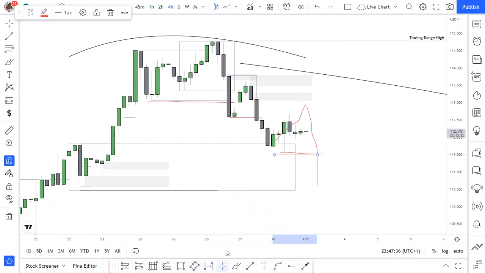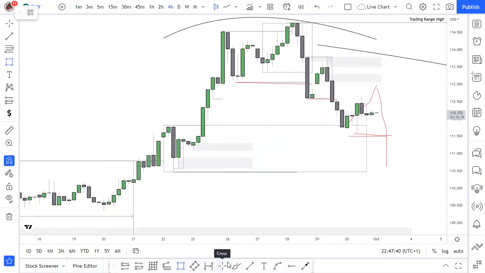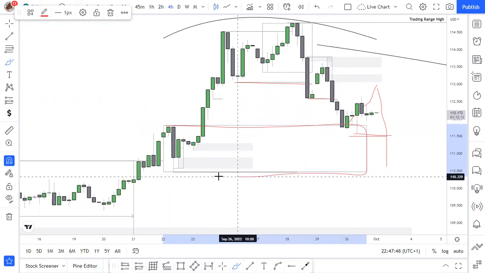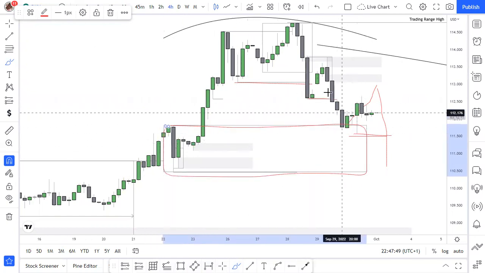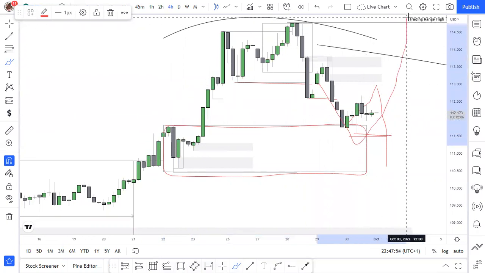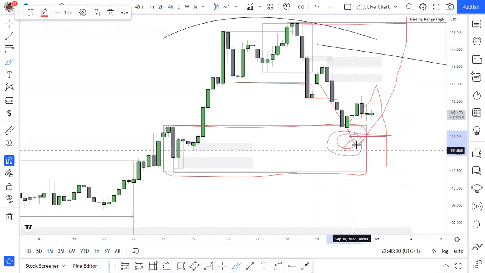But judging from the fact that we are in this daily demand zone, there is also a possibility that price might pull back into this demand zone and then continue the bullish structure. So try to study what's happening here on the 4 hour and 15-minute time frames.